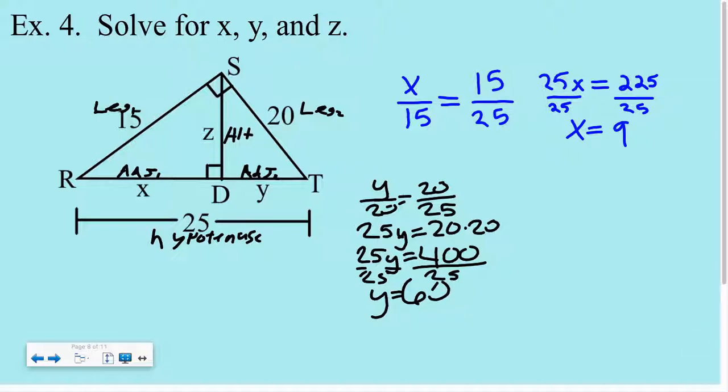Peyton, do you agree that y would equal 16? 16? Yes. 16. Do you agree? Y equals 16? 16, yeah. Not 60. Cool. Good.